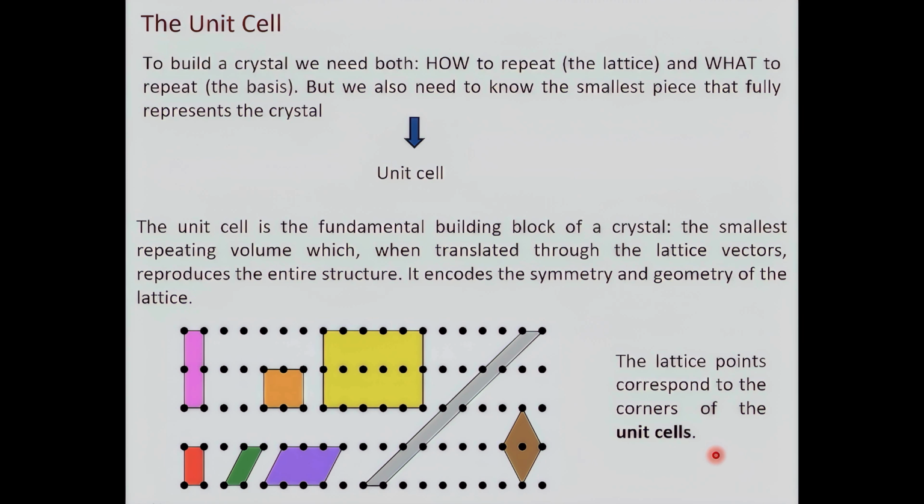Here is an example of how we can choose this unit cell. We have many. These two, for example, have lattice points always at the corner of the unit cell. But as we will see later, we can also choose different unit cells having more lattice points, not only at the corner.